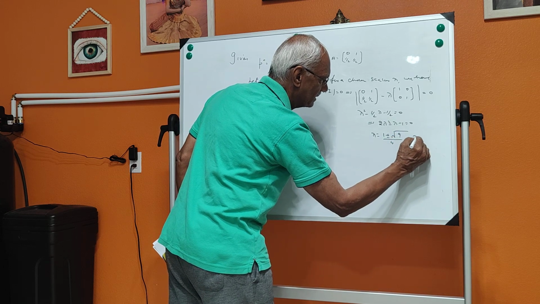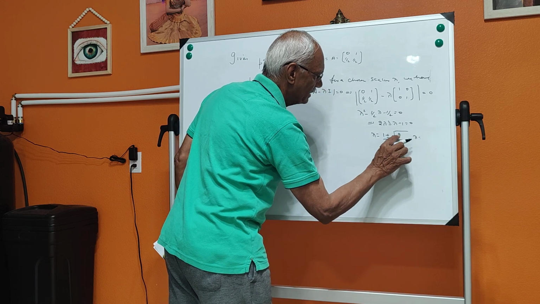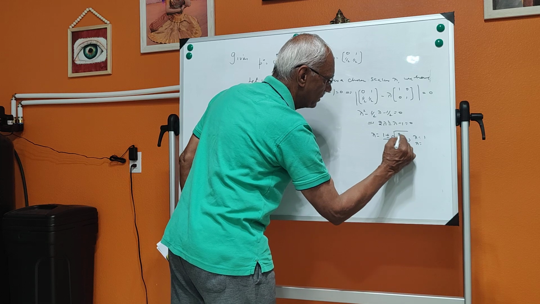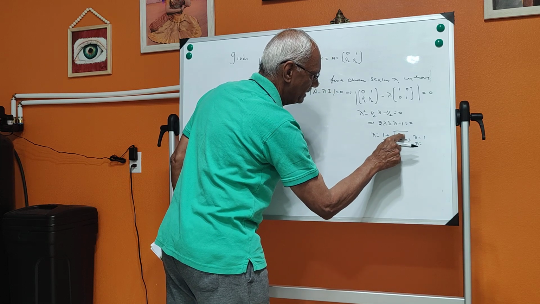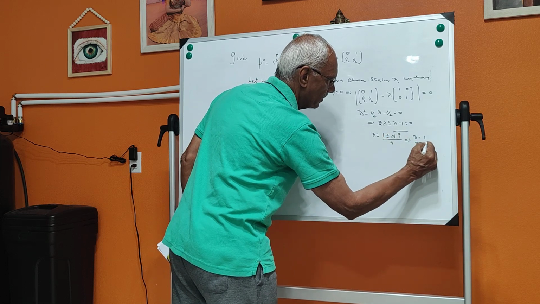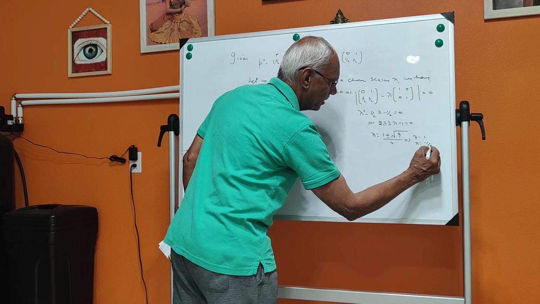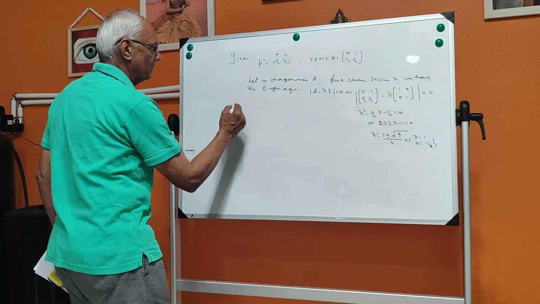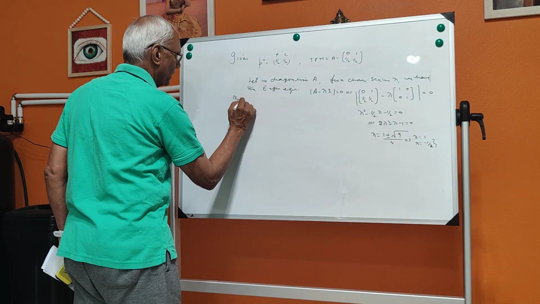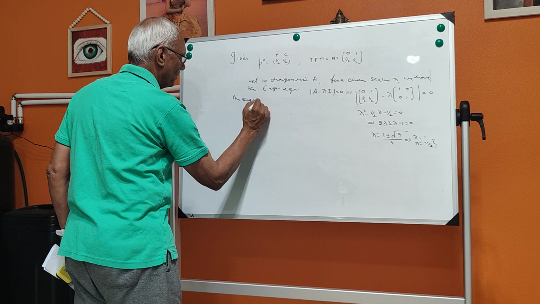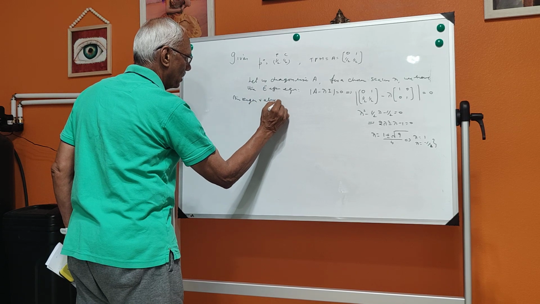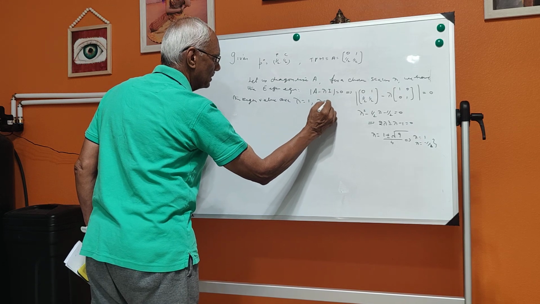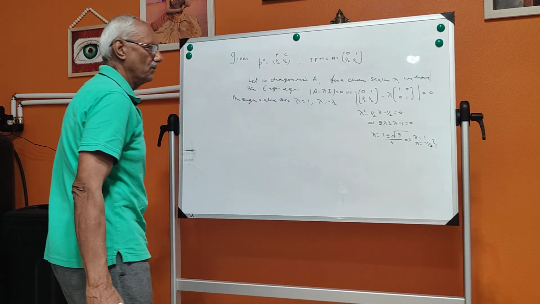So lambda is equal to 3 plus 1 is 4 over 4, which is 1, or minus 3 plus 1 over 4, which is minus half. So the eigenvalues are lambda equal to 1 and lambda equal to half with a minus sign, that is minus half.